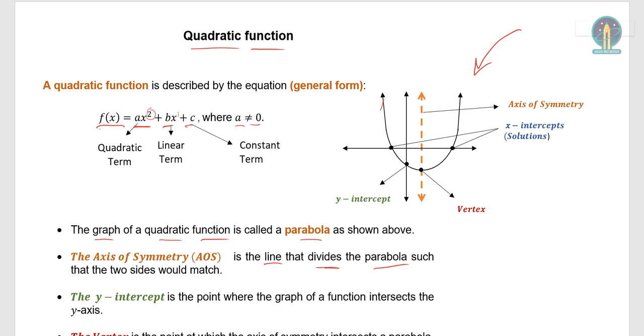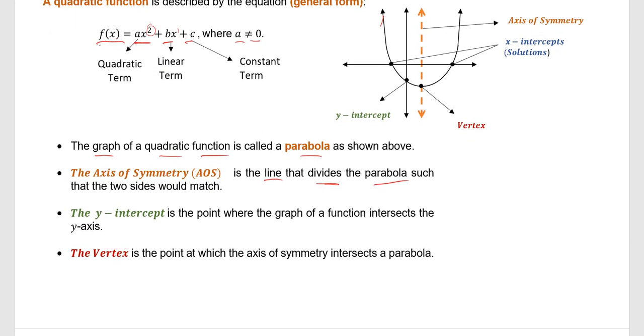Another feature of the parabola graph is the y-intercept, and that's the point where the graph of the function intersects the y-axis. In this case, this is our y-intercept, where the parabola intersects the y-axis, and this is the x-axis, right?